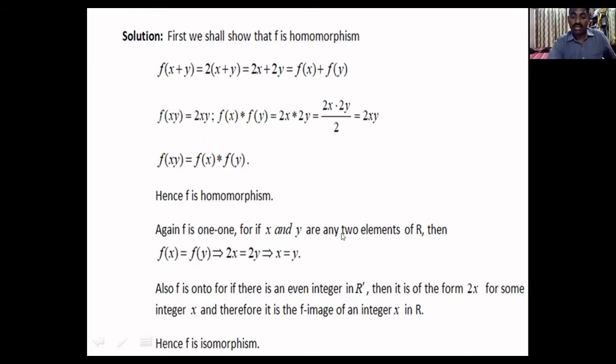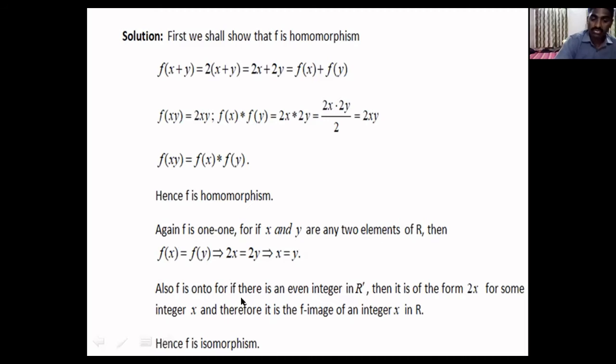If x and y are any two elements of R, then consider f(x) = f(y). This implies 2x = 2y, and cancelling the 2, x = y. Therefore f(x) = f(y) implies x = y, which means f is a one-one mapping from Z to 2Z.